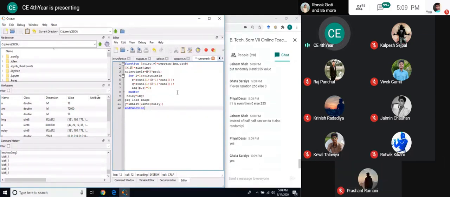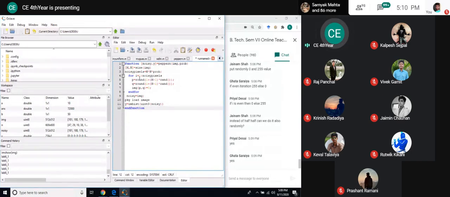They are suggesting that if i is odd we take it as 0, and if i is even we take it as 255, whatever you want to keep. But here, what will be the probability of occurrence of salt noise? It will be half of the total probability. Suppose noise occurs at 0.2, at 20% pixels, then 10% pixels will have salt and 10% pixels will have pepper noise. But what Jainam is asking is, can we define it randomly?